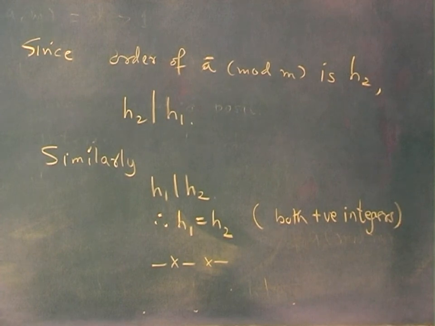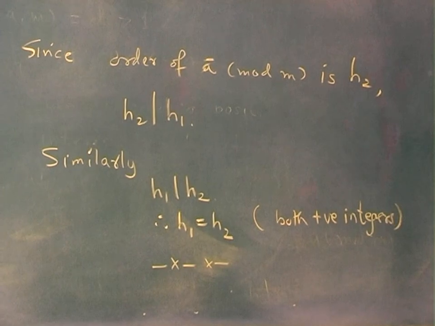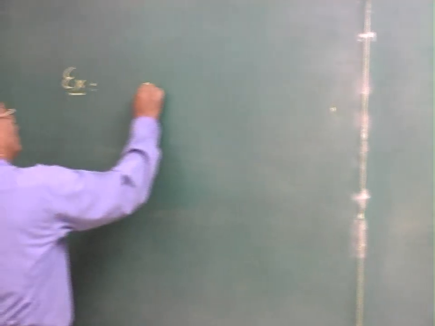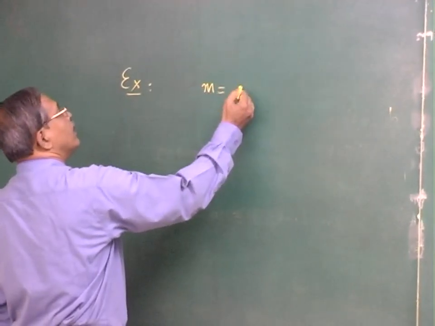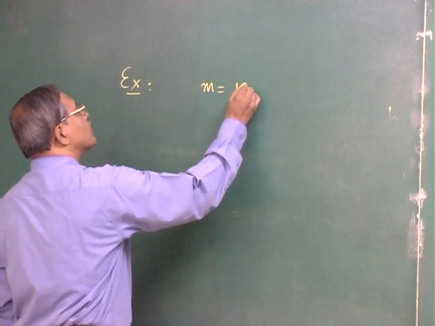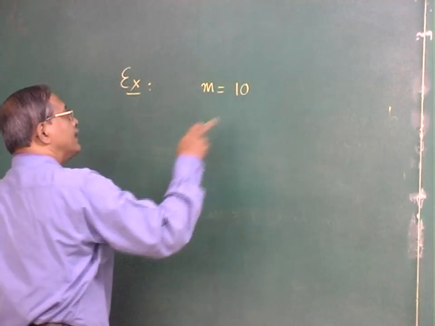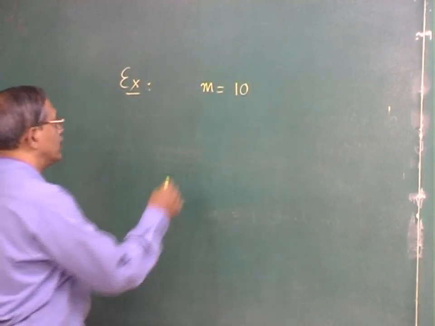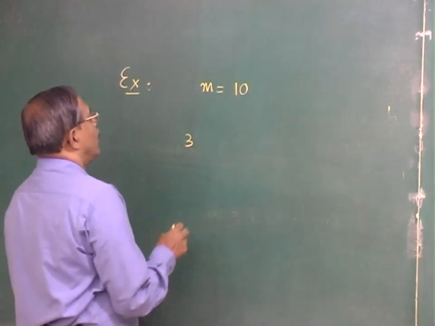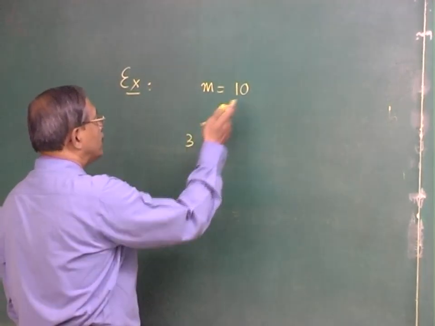Let us take an example. Take m equal to 10 and take an element which is coprime to 10, let us say 3. What is the order of 3 mod 10?